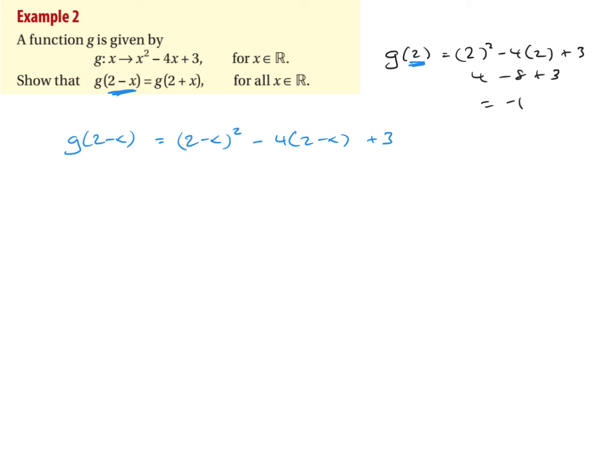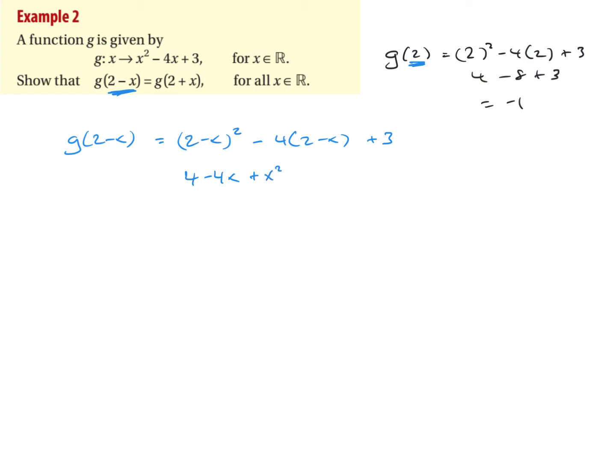So 2 squared is 4. Then multiply them together: 2 times minus x is minus 2x. Double it to get minus 4x. And minus x all squared is plus x squared.